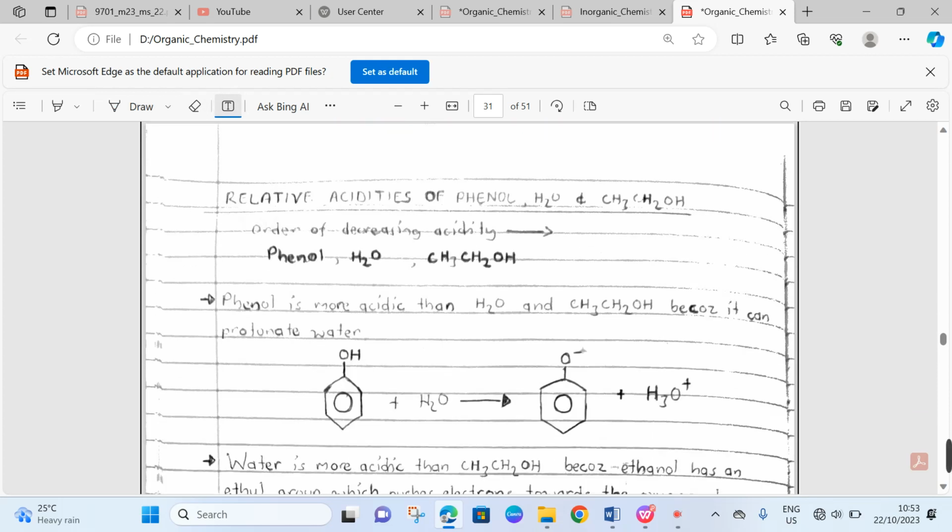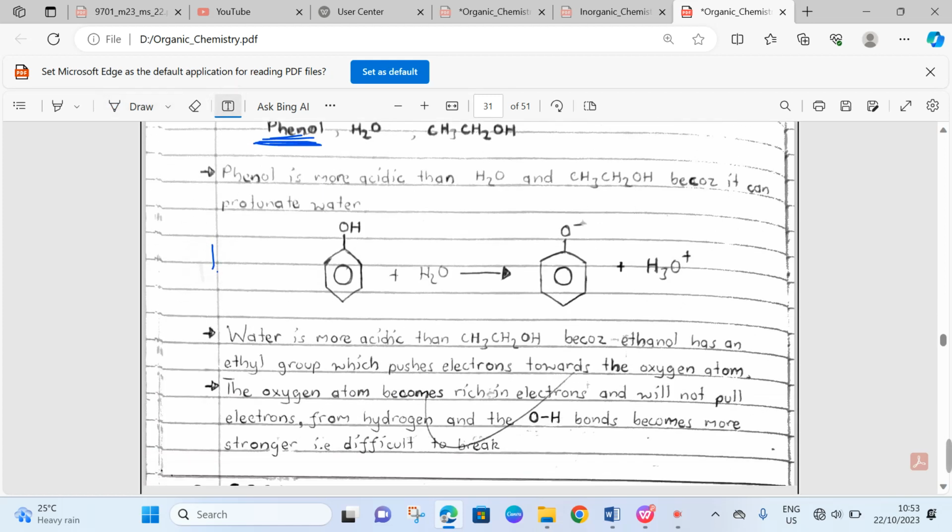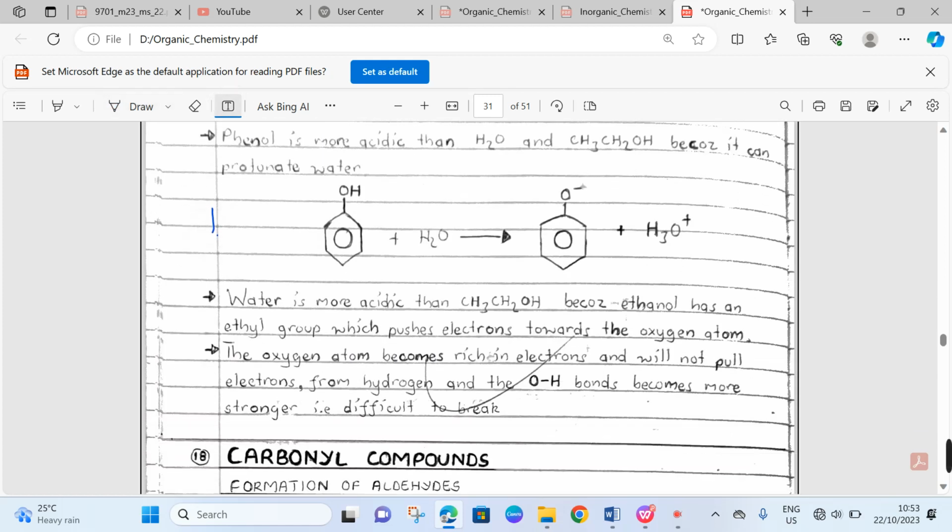Now let us go to the next subheading, where we're talking about the relative acidities of phenol, water, and ethanol. Phenol is the most acidic here because it is capable of protonating water. Number 2, water is more acidic than ethanol.